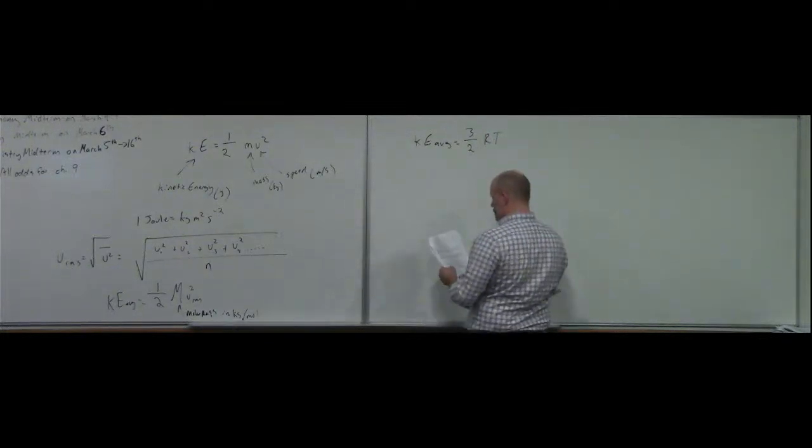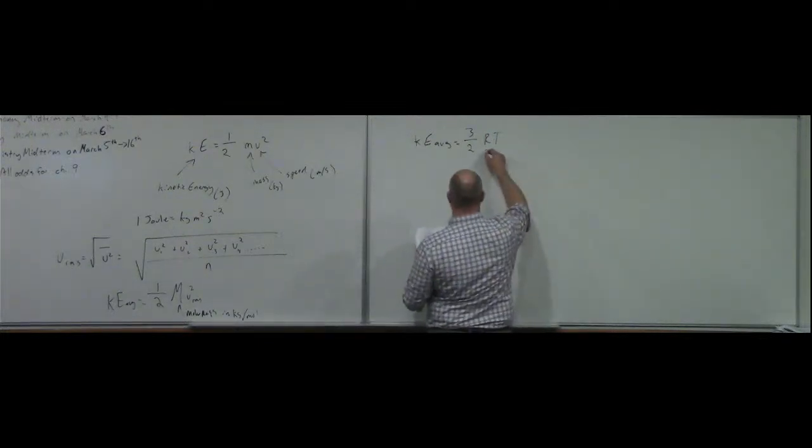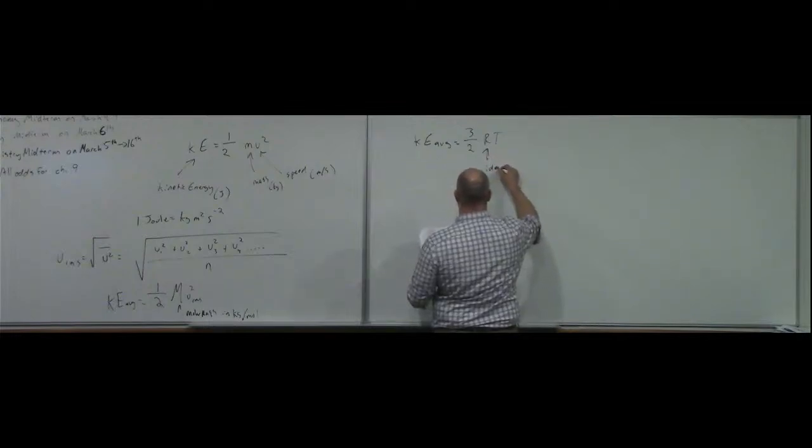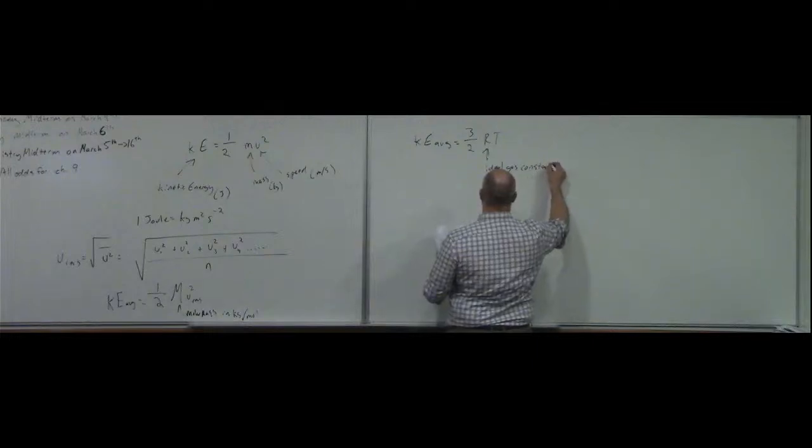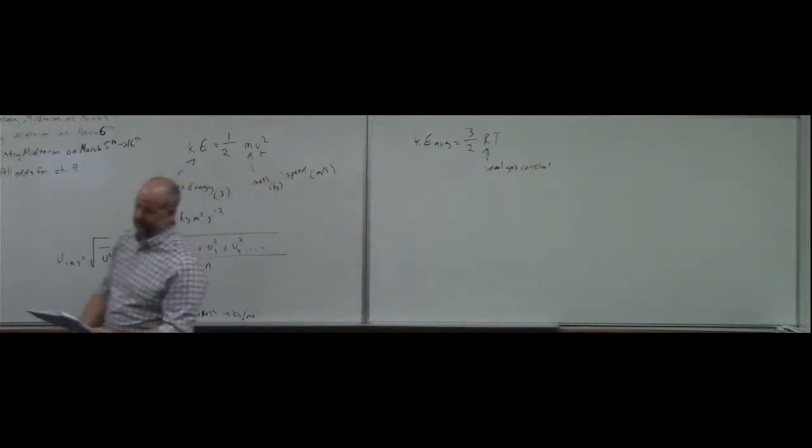Where R is the ideal gas constant, and T is the temperature in Kelvin.